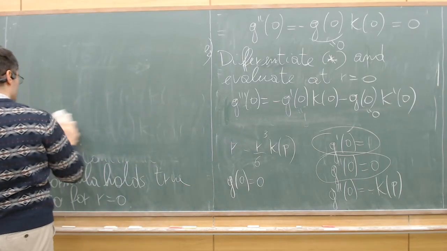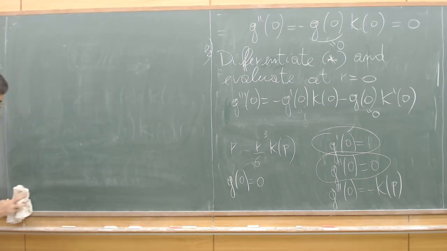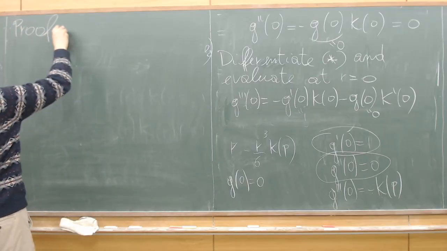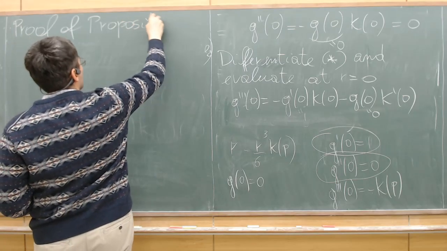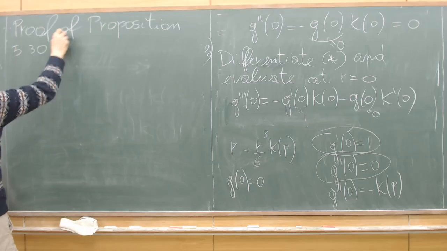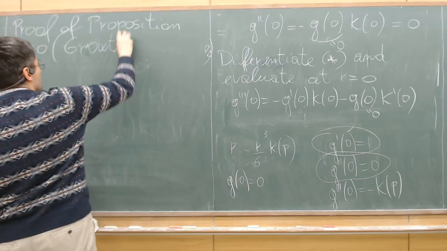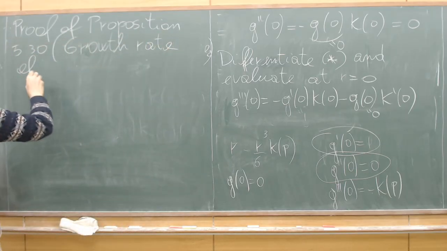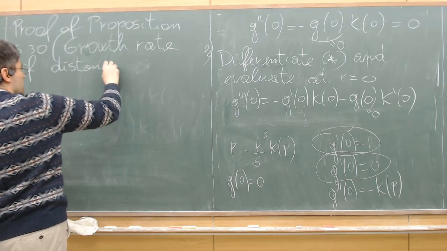So the next result I will prove is proposition 5.30, which is about the growth rate of distance circle.